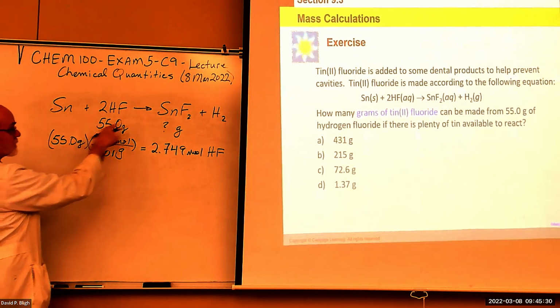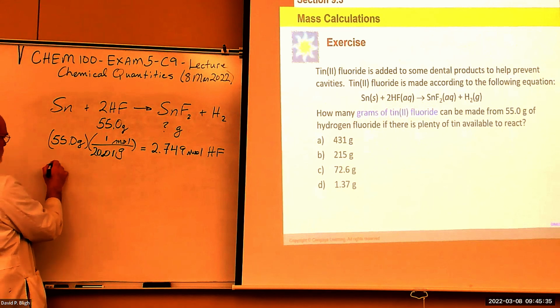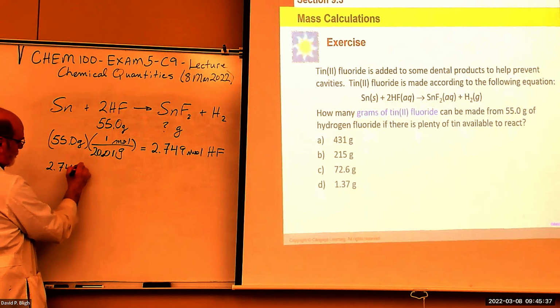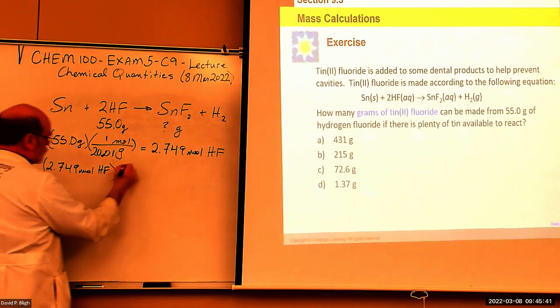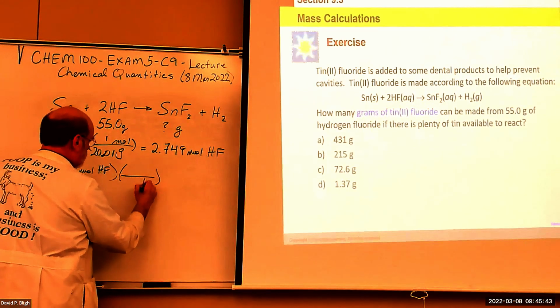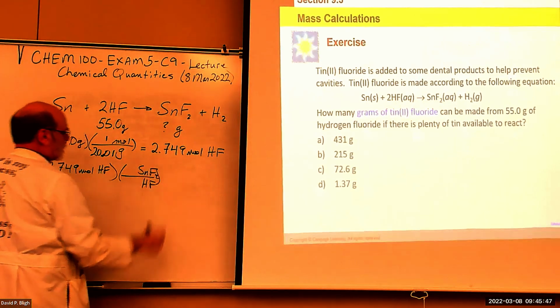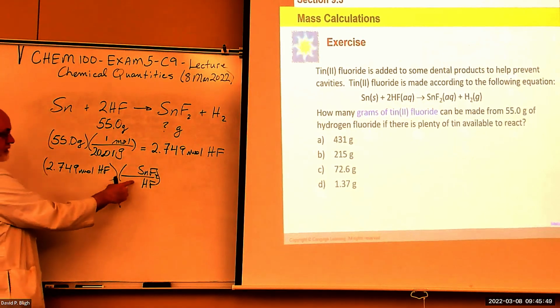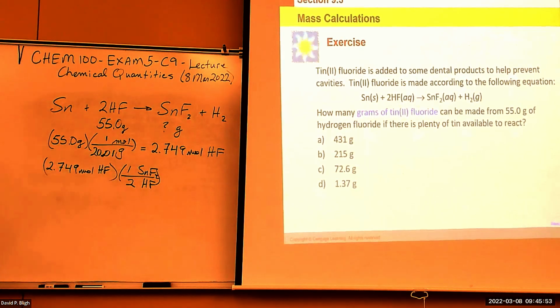Okay. Now we want to convert that to moles of stannous fluoride. Okay, HF here and SnF2 there. So the ratio is 2 here and 1 there. So again, we take a half of that.